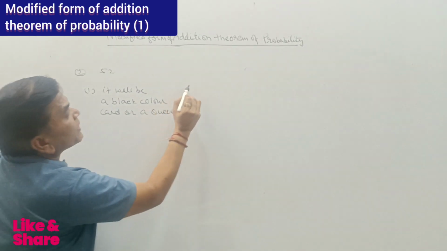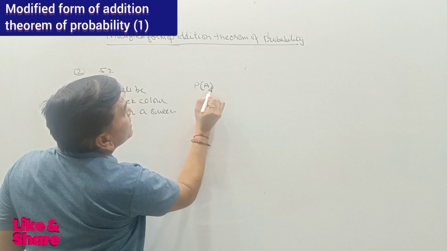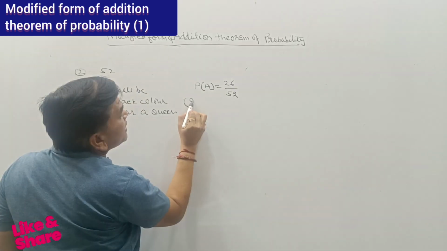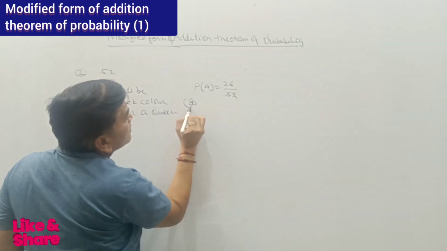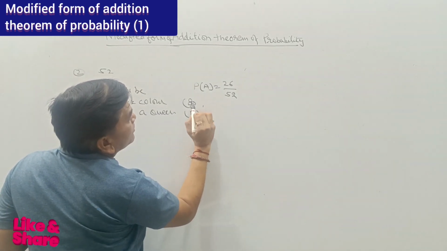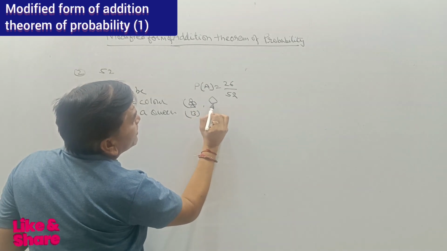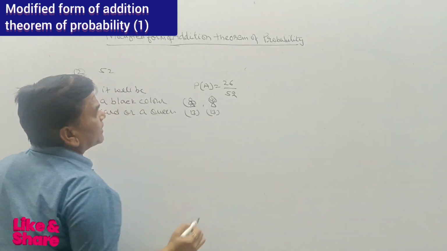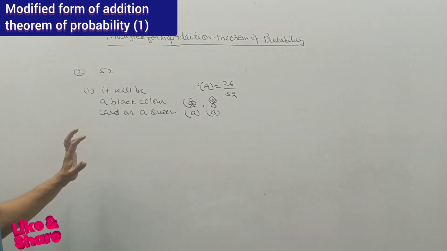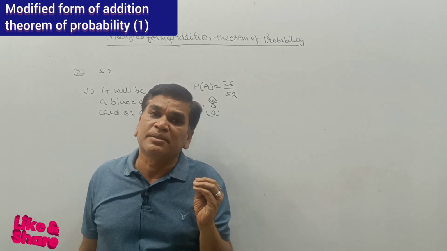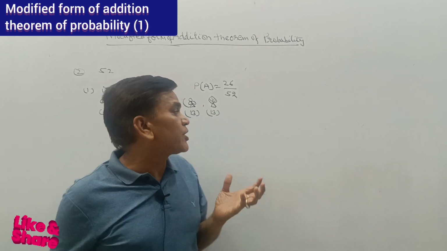For getting a black color card, the probability is 26 upon 52, because spade is black. 13 cards are spade. Sorry, club is black and spade is also black. So 13 cards related to spade, and in a pack of 52 cards there are 26 black cards over there.